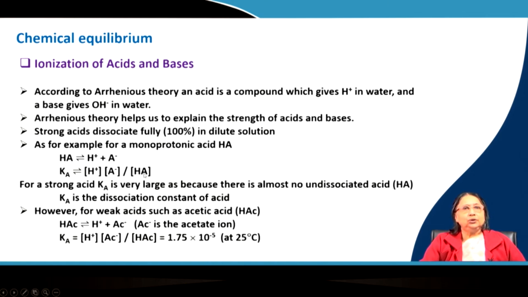Now, what will we infer if the Ka value is very high or low? For strong acids, the Ka value is very large, because there is almost no undissociated acid.